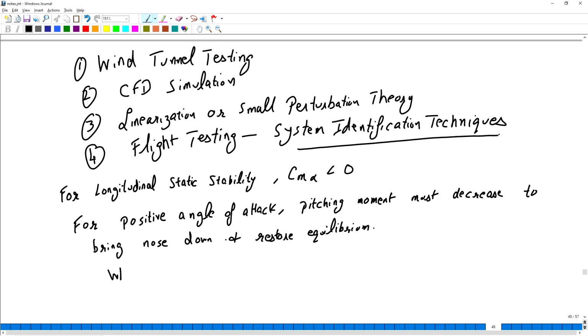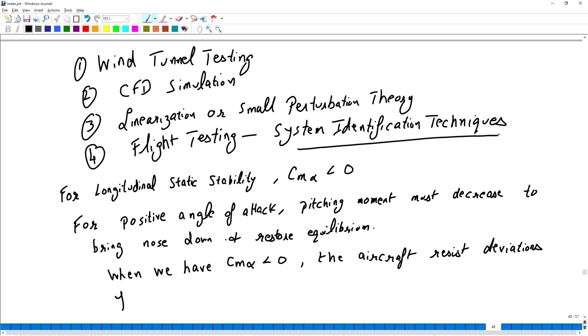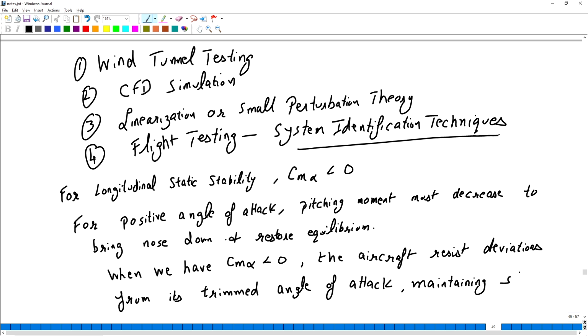So when we have Cm alpha less than 0, the aircraft resists deviations from its trimmed angle of attack, maintaining stability in pitch.